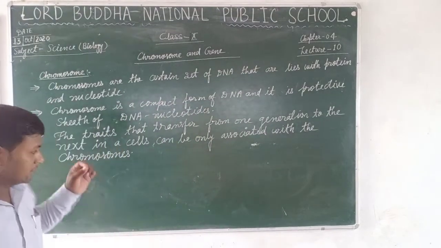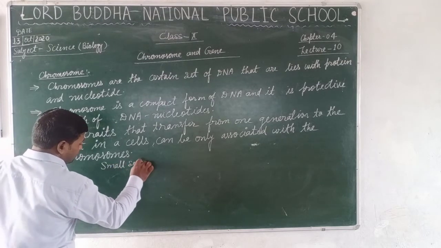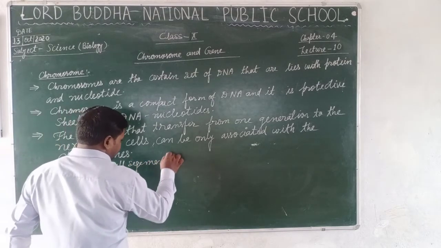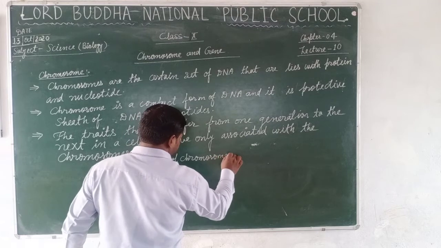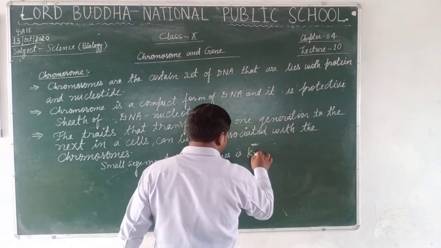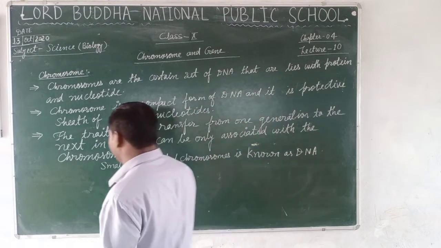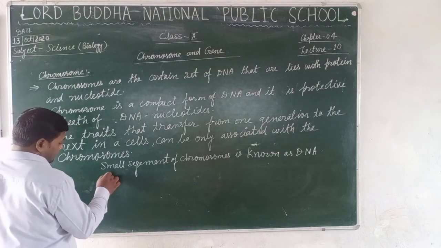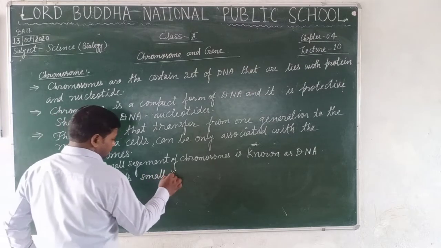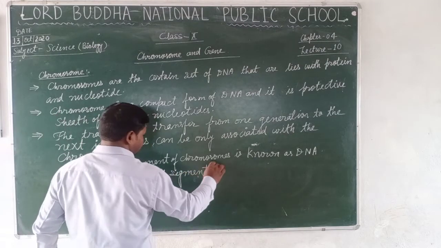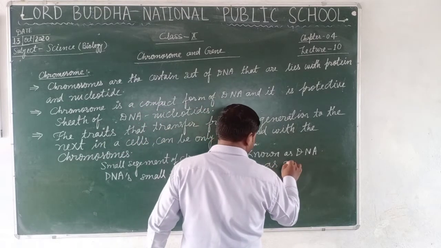Okay, students. In shorthand, you can say that a small segment of chromosome is known as DNA, and a small segment of DNA is known as a gene.